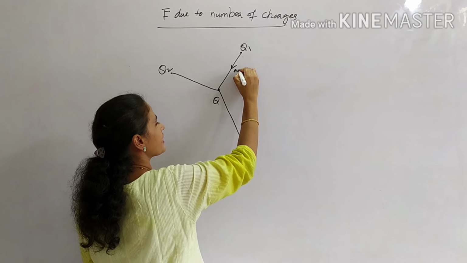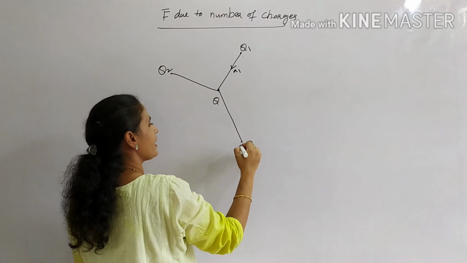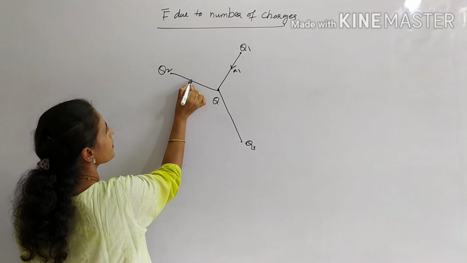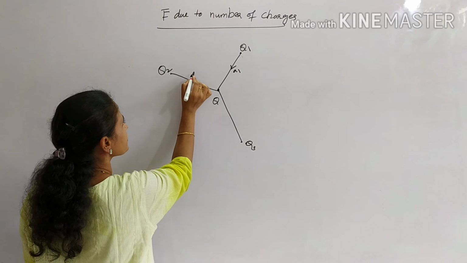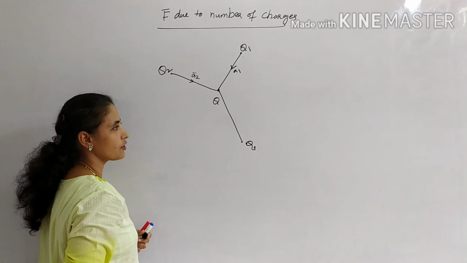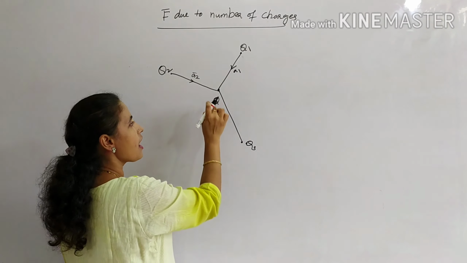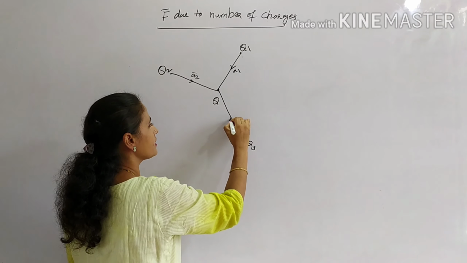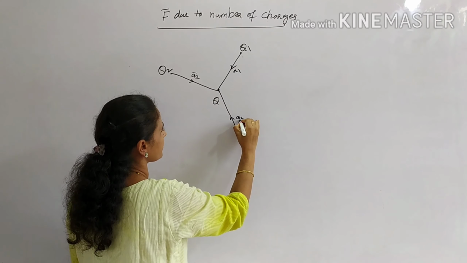Let the unit vector be A1, and the direction of force by Q2 on Q be A2. The direction of force on Q because of Q3 is A3.